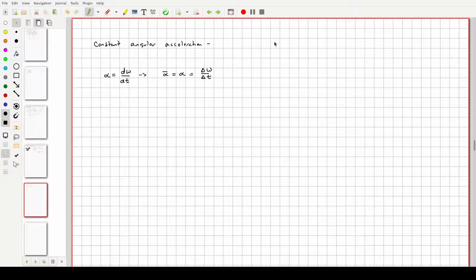So if you stick with the formalism that delta omega is omega minus omega naught, and that delta t is t minus t naught, but t naught is something that we generally set to be equal to 0, then you can write this equation the following way. Now, if you solve for omega, you get this.